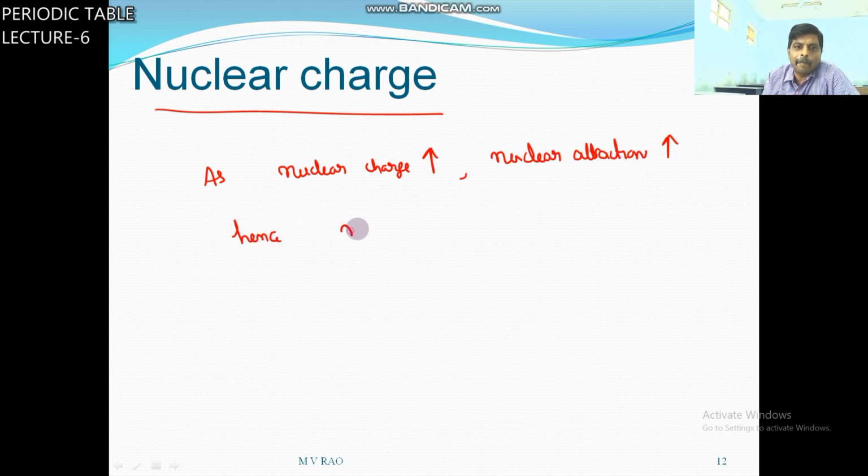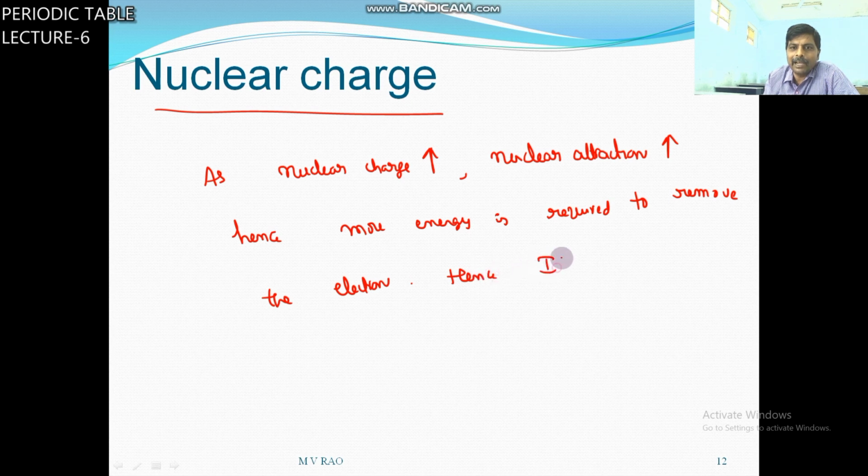Hence, more energy is required to remove the valence electron. Hence, the IP value increases.